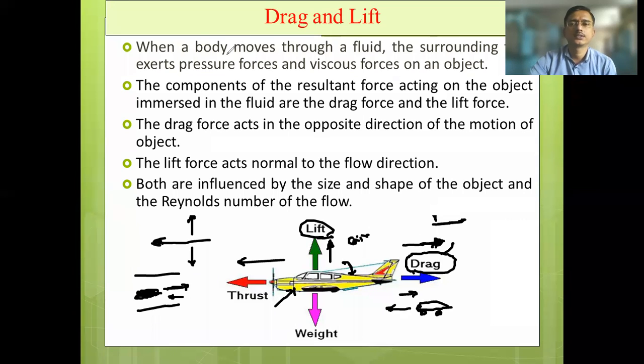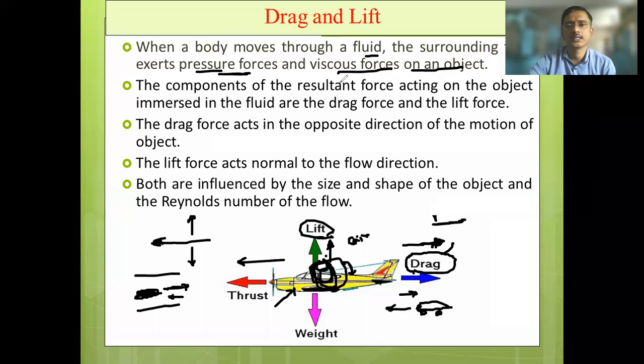So let us read here the definition and the theory about this. When a body moves through a fluid, the surrounding fluid exerts pressure forces. So that surrounding fluid which is there to this particular object which is moving, it exerts the pressure force and viscous forces on an object.